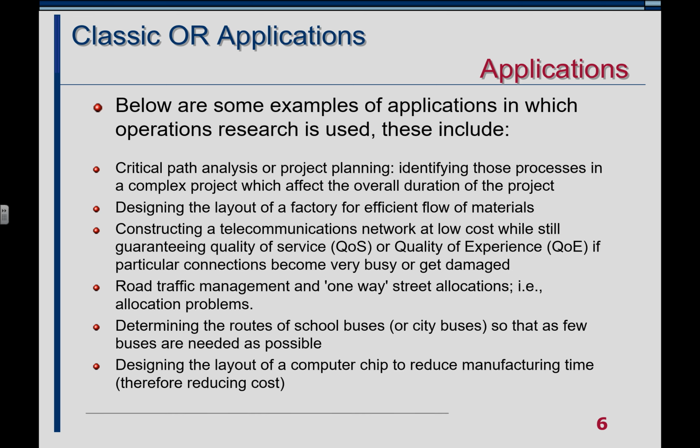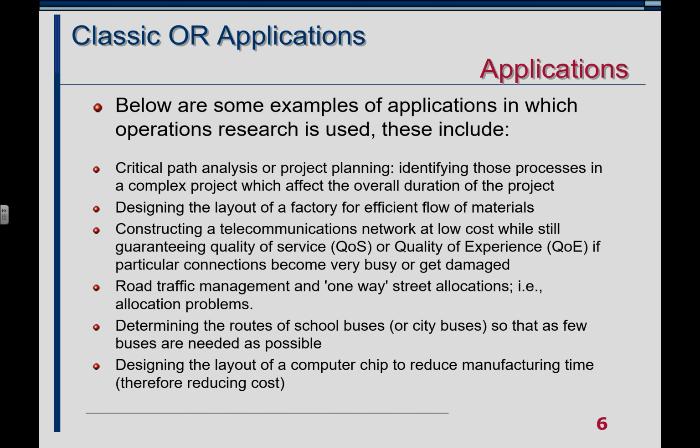When you're designing the layout of a computer chip, these automated machines actually go in and stamp them out, put transistors in, diodes, whatever it may be. What is the best way of doing that? I mean, think about it. There's an optimal way of doing it, and there's a non-optimal way of doing it.